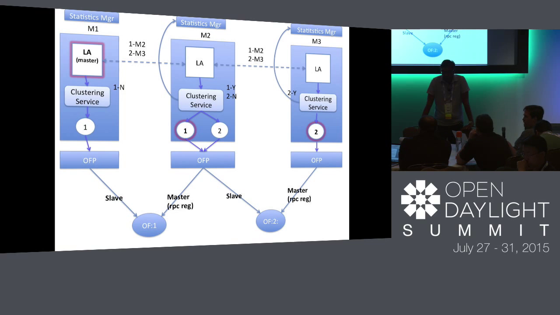MDSAL is really the data storage part of it. If I just have a simple Java API for programming OpenFlow flows, I don't need an RPC, because I would actually want a guarantee that my RPC is fully local.